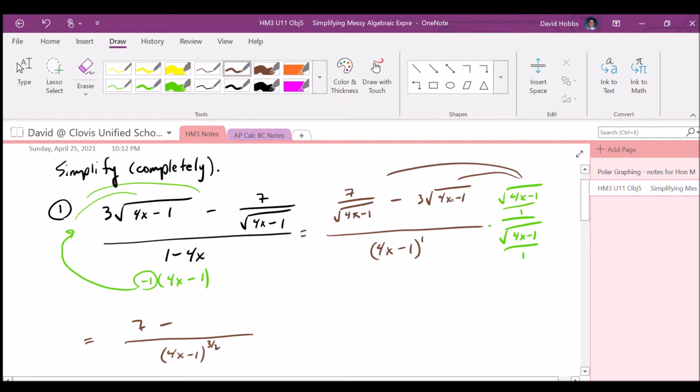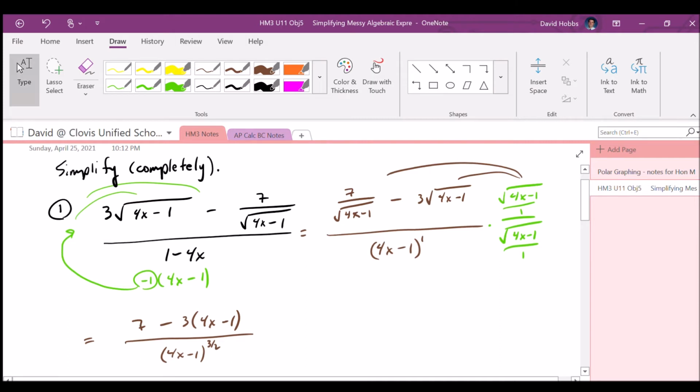Now, root 4x minus 1 times root 4x minus 1, that's a pair for square roots, and pairs come out, or 4x minus 1 quantity to the 1/2 times 4x minus 1 quantity to the 1/2, add the exponents, it's 4x minus 1 to the first. So anyway, we have 3 times 4x minus 1 to the first.